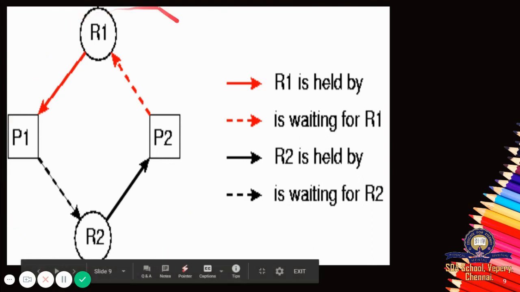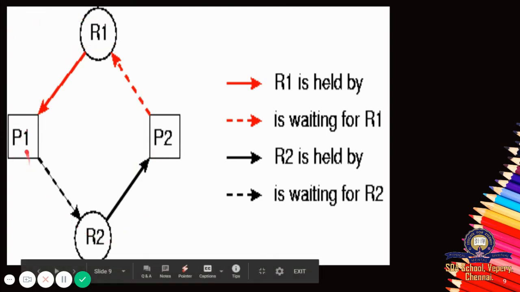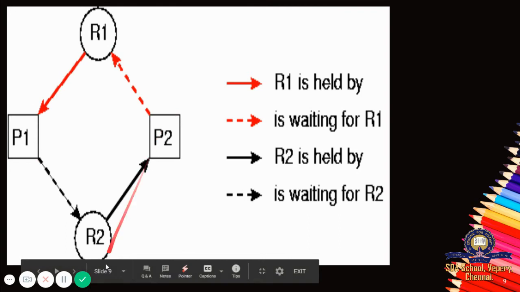Likewise, the processes will depend on resources that are already occupied by some other job. When it goes like this, there will be a problem called deadlock. So there is no chance to go further. Deadlock. Okay. So this deadlock should not happen.